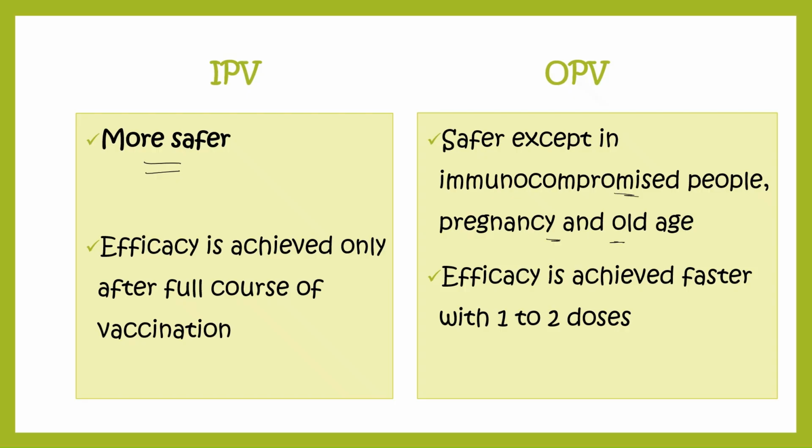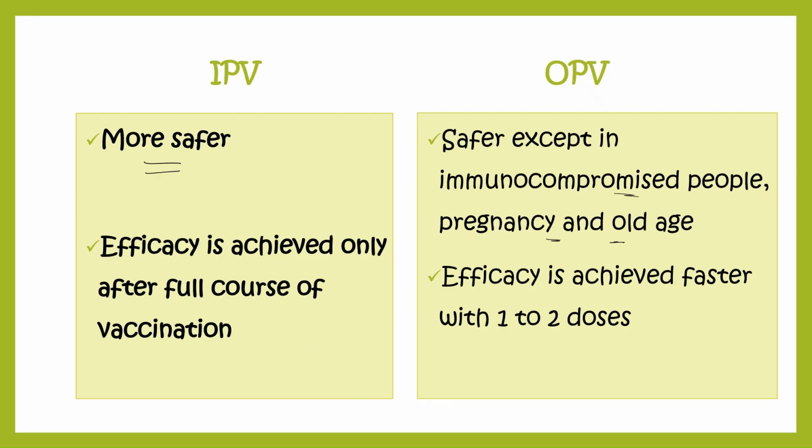And coming to efficacy, injectable polio vaccine is comparatively less effective than the live or oral polio vaccine. The effectiveness can be completely achieved only after the full course of vaccination, since killed strains are used here, which are injected through intradermal or intramuscular route. It directly reaches the blood and doesn't multiply.